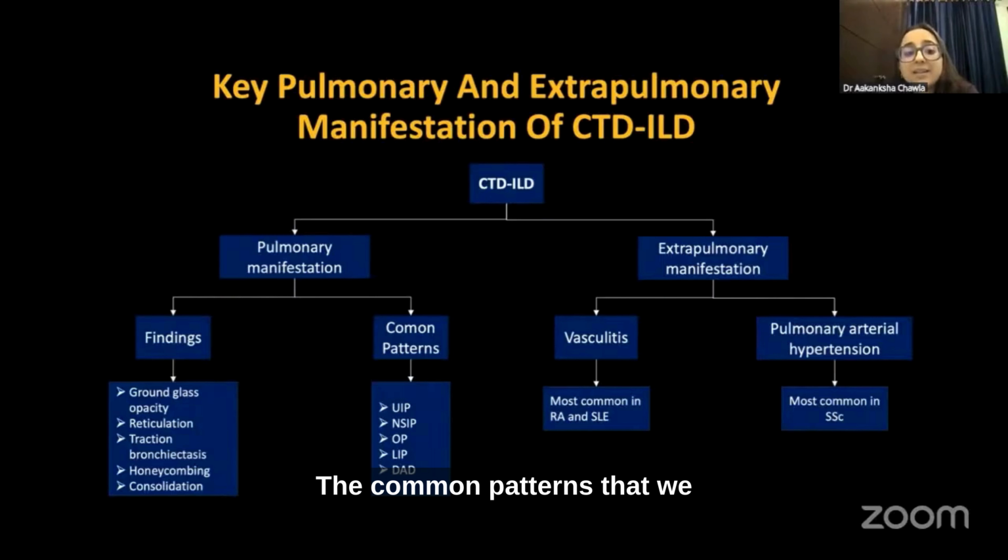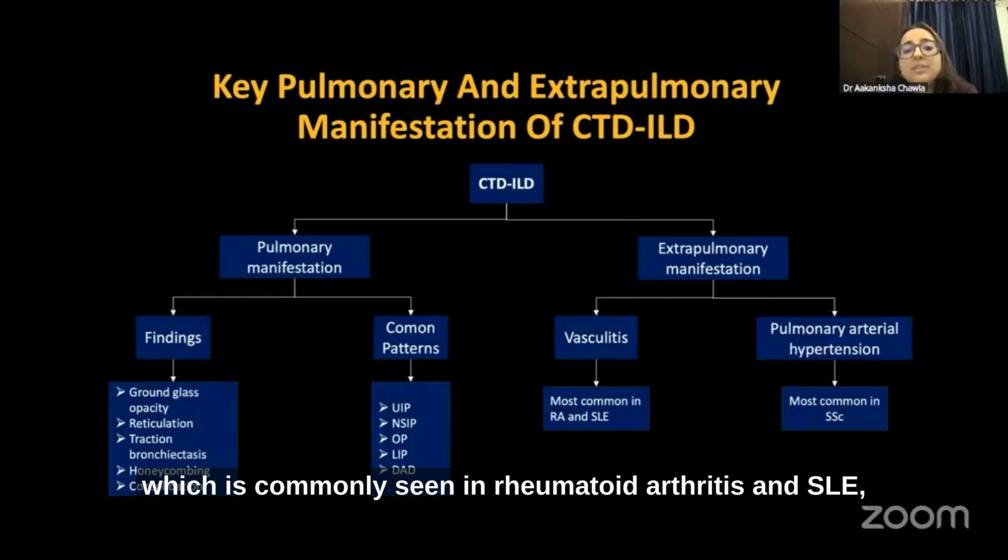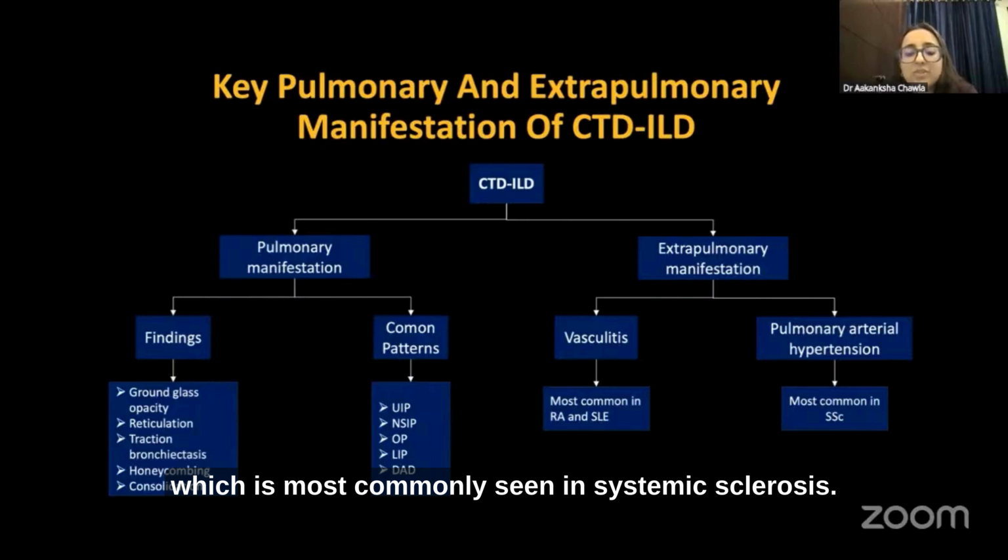The common patterns that we see are the UIP pattern, NSIP pattern, organizing pneumonia, LIP, and the DAD pattern. Then extrapulmonary manifestations include vasculitis, which is commonly seen in rheumatoid arthritis and SLE, and pulmonary arterial hypertension, which is most commonly seen in systemic sclerosis.